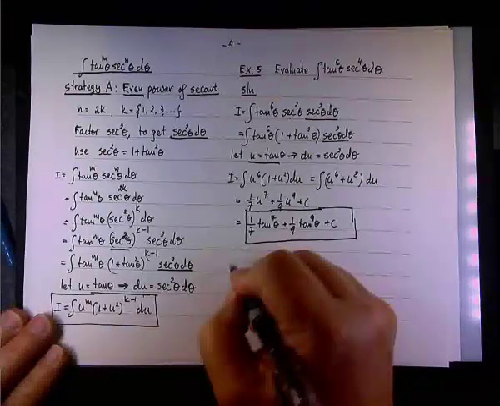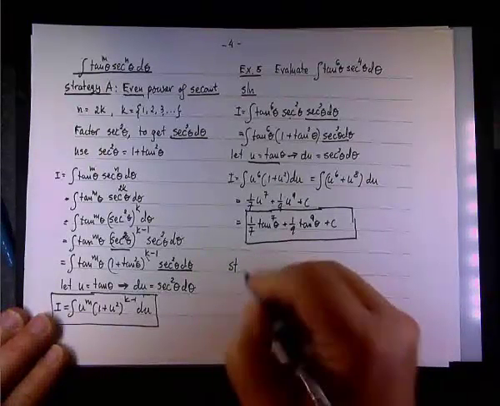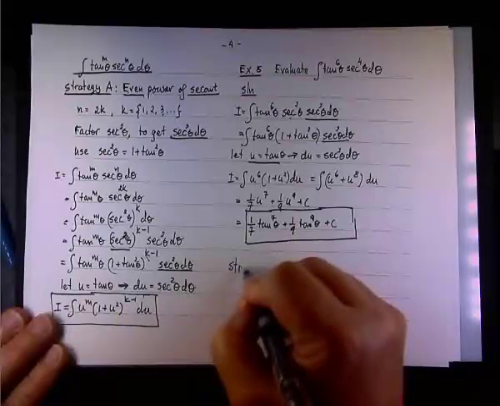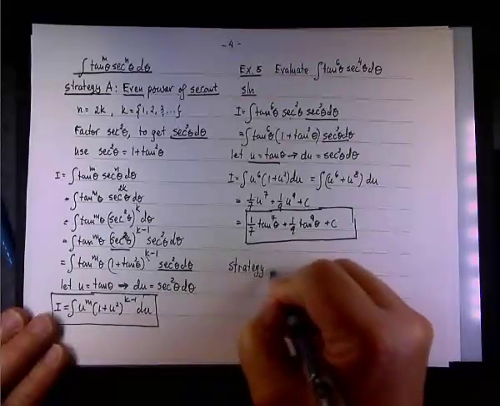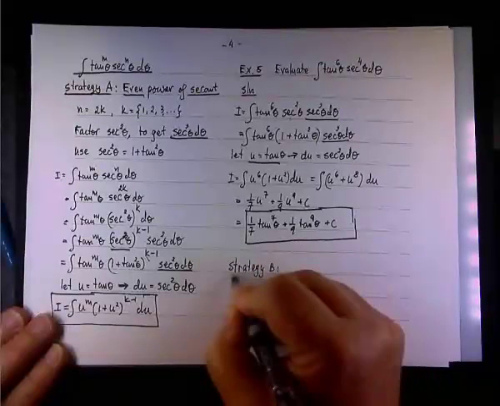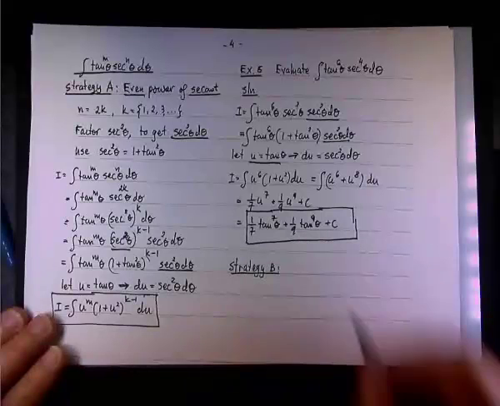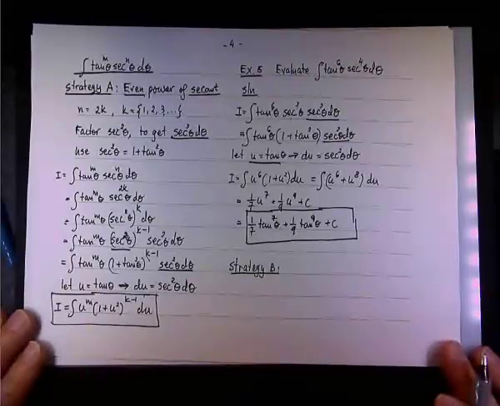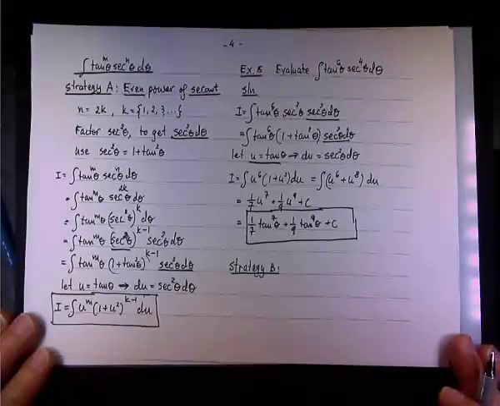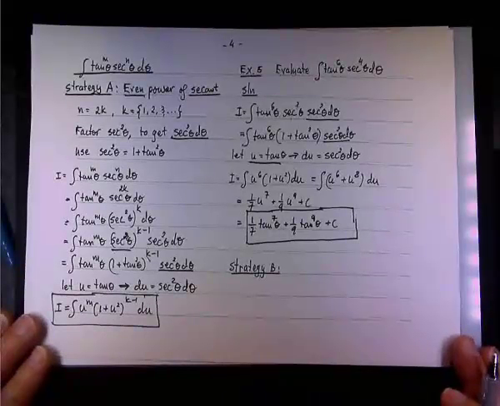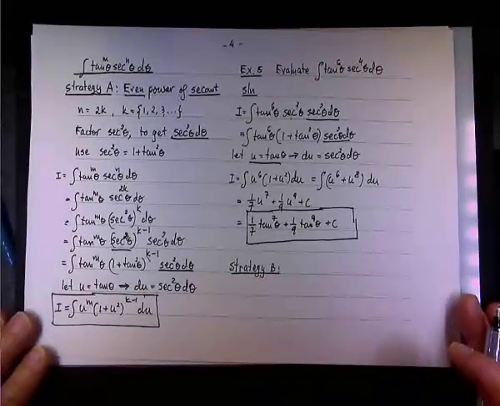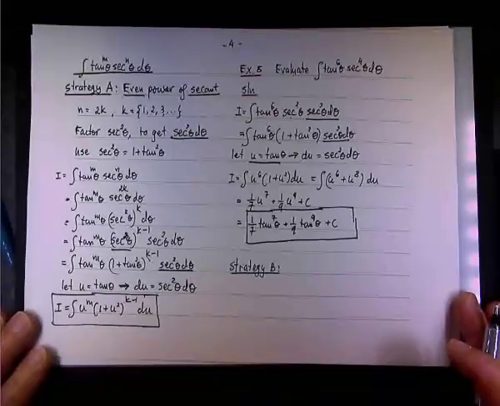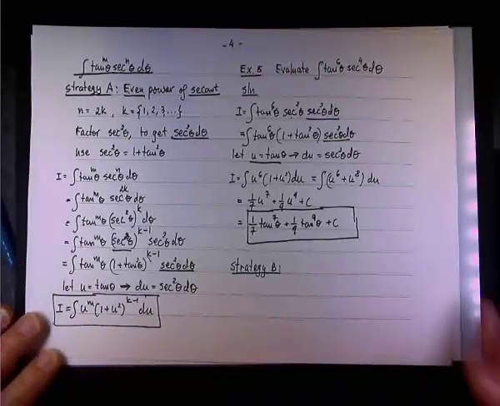So if we don't have an odd power of the secant, we hope to have an odd power of the tangent. And the goal is to end up with the integrand secant times tangent times d theta, as we know that the antiderivative of the secant times the tangent is the secant.